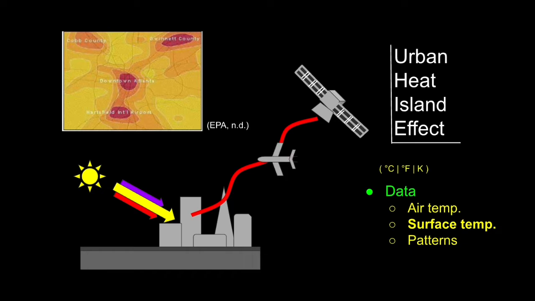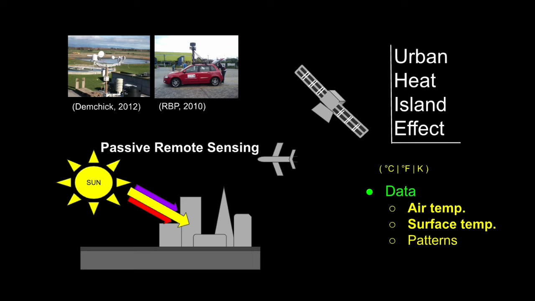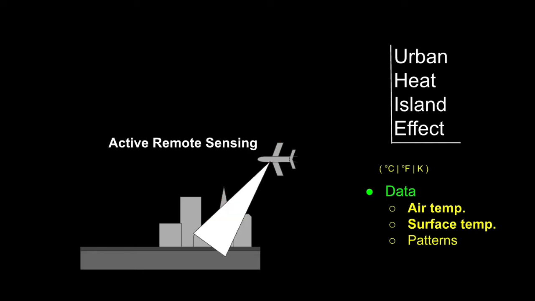Now, all of these sensors, whether ground-based or above the sky, use passive remote sensing. Passive remote sensing uses another energy source to obtain that data. Active remote sensing is more rare in urban heat island studies, and it's when instruments create their own energy and reflect it back to obtain the data.